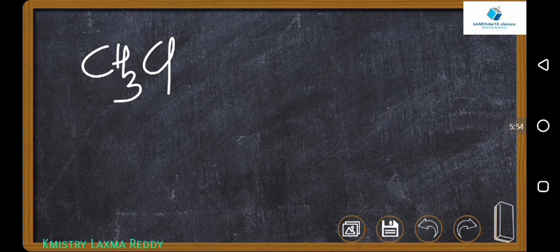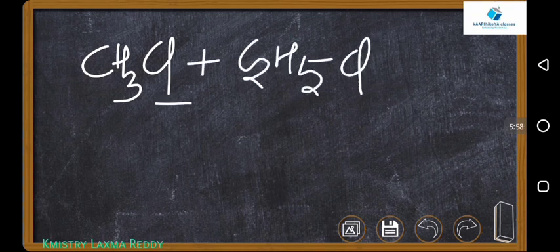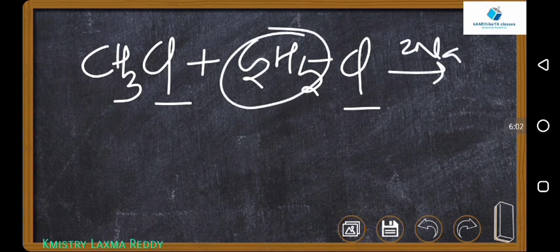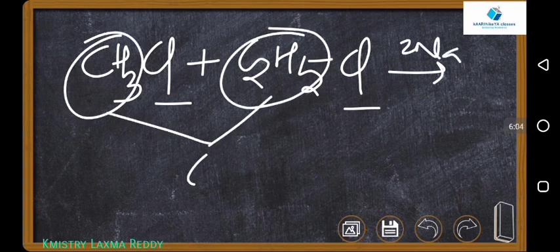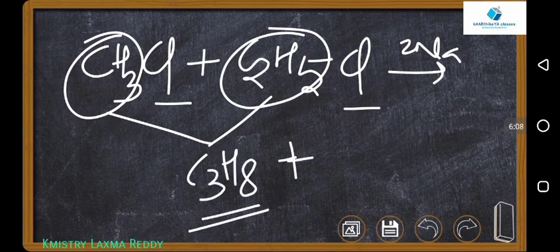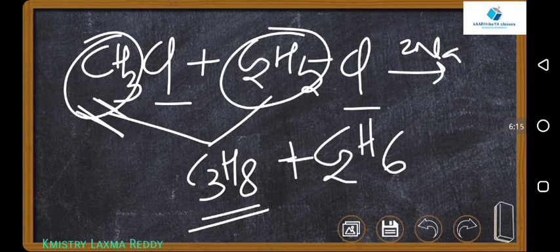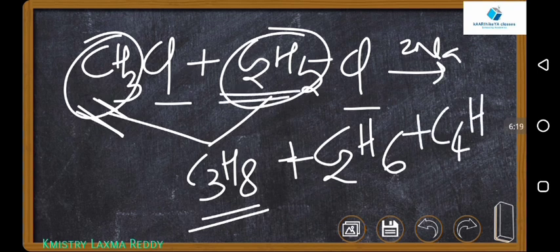So what do you feel? If you take methyl chloride and ethyl chloride, with chlorine out with sodium in dry ether, this is ethyl, this is methyl. So you can expect C3H8. True, this is right. But along with this, when two methyls join, there is a possibility of getting ethane. When two ethyls join, there is a possibility of getting butane.